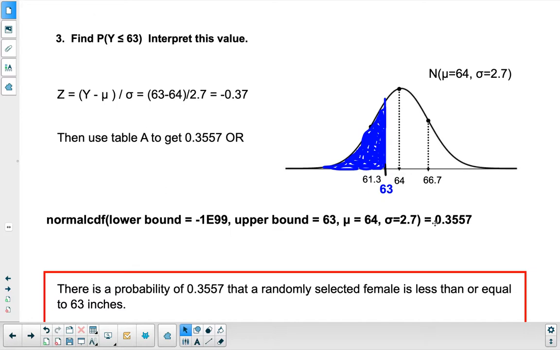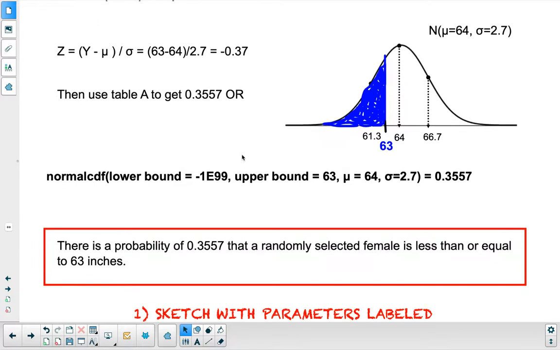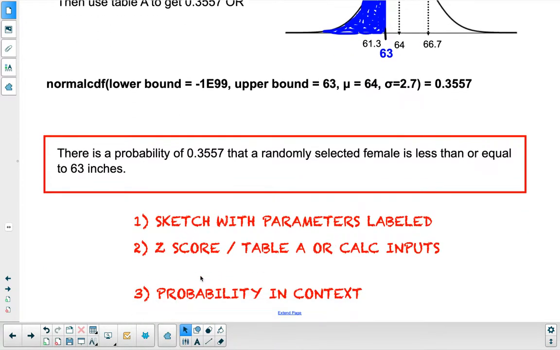Okay, so our area looks pretty similar to that z-score. The z-score is -0.37, and then the area to the left of that is 0.3557, or 35.6% approximately. So our interpretation here is there's a probability of 0.3557 that a randomly selected female is less than or equal to 63 inches. So you could give that as a proportion or a percent, either's fine.